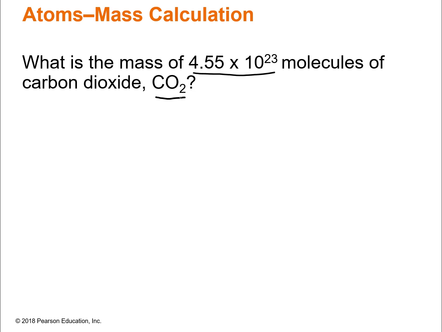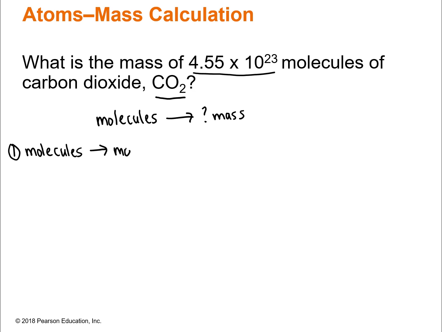So it's the same type of problem, literally almost the exact same. We have the number of molecules, and we're trying to go to the mass. We can't jump straight from one to the other.